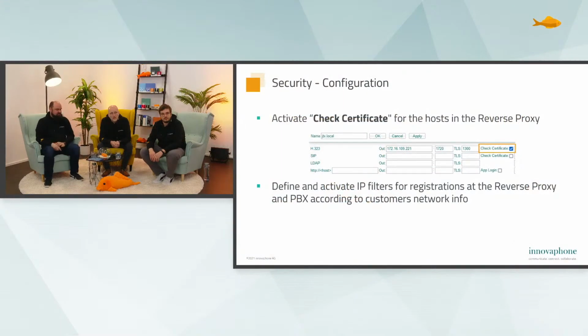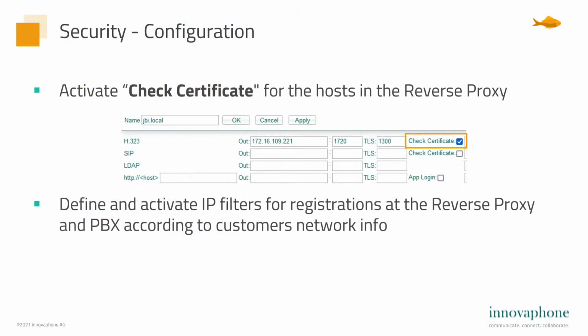Okay, let's go on. Activate check certificate for the host in the reverse proxy. I think, Nico, you know why it's important to set this checkmark. There are two things you have to imagine. If you check this certificate check here on the reverse proxy, the authentication is done on the reverse proxy and not on the PBX.